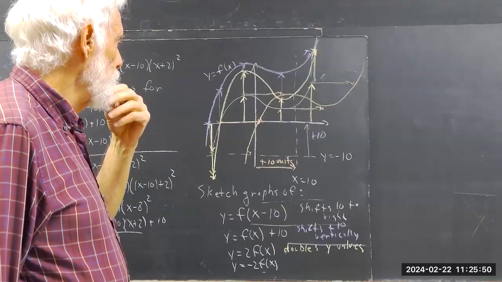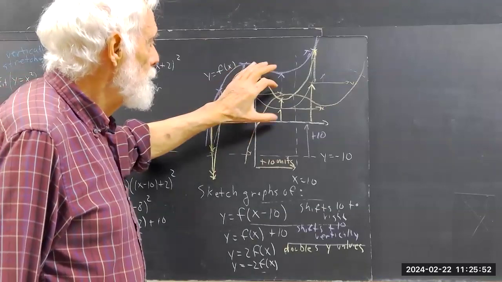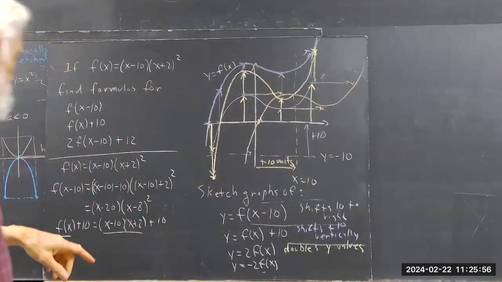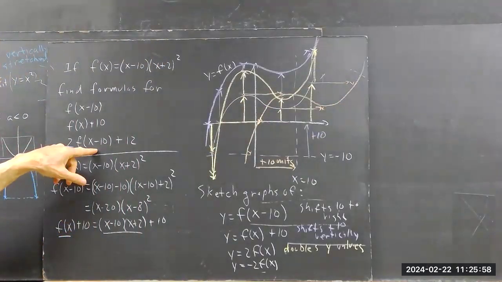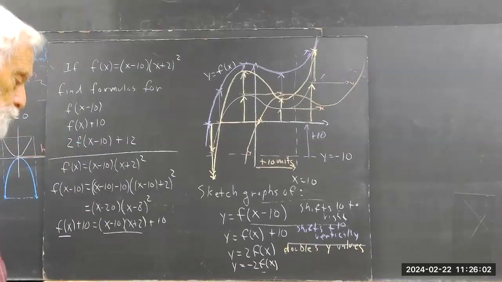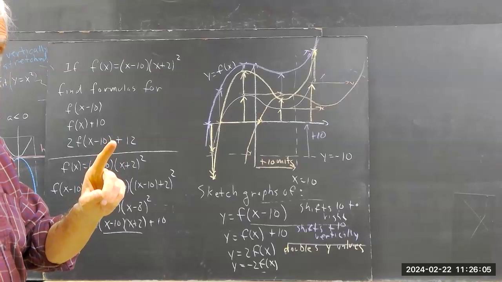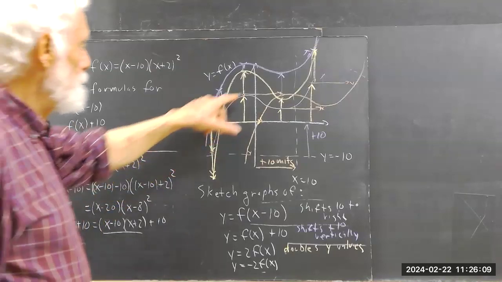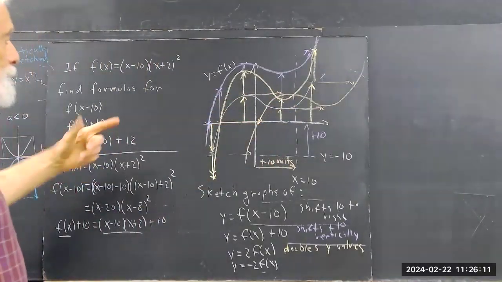Yeah, we double every y value of the orange graph, and that gives us 2 f. Gonna do it right here in a minute. Okay, what we do is we double all the f of x's, and then we shift it 10 units.